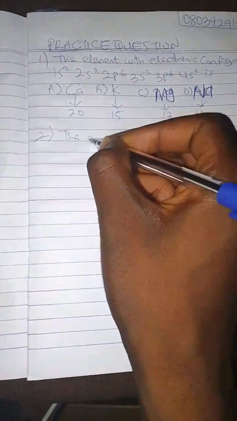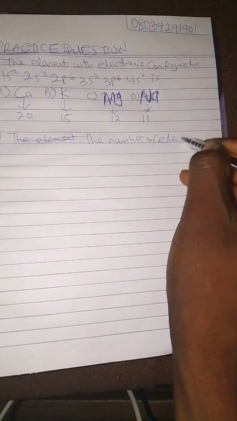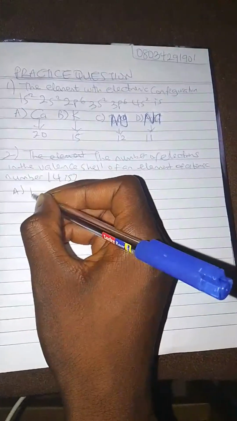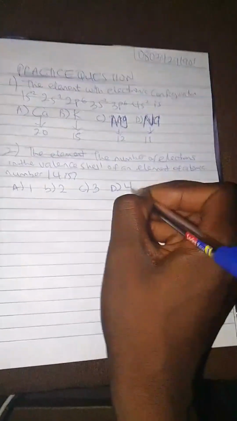The number of electrons in the valence shell of an element of atomic number 14 is: A 1, B 2, C 3, D 4.